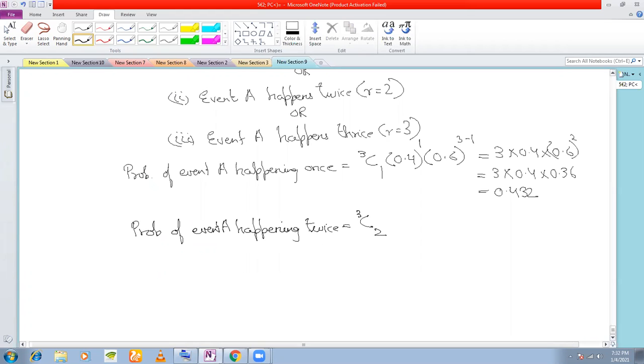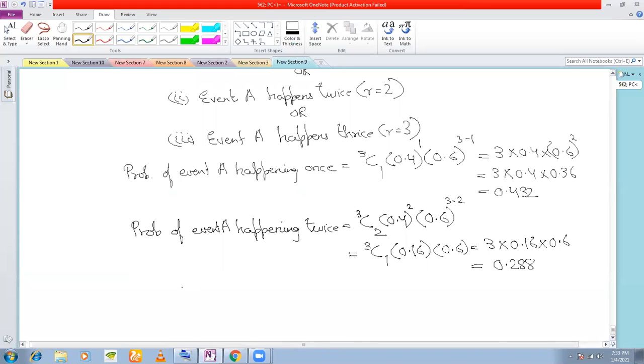When the event happens twice, r is 2. 0.4 square into 0.6 to the power of 3 minus 2, n minus r. 3C2 is the same as 3C1. 0.4 square is 0.16 into 0.6. So this is simply 3 into 0.16 into 0.6. So let us calculate how much we get. It is 0.288.